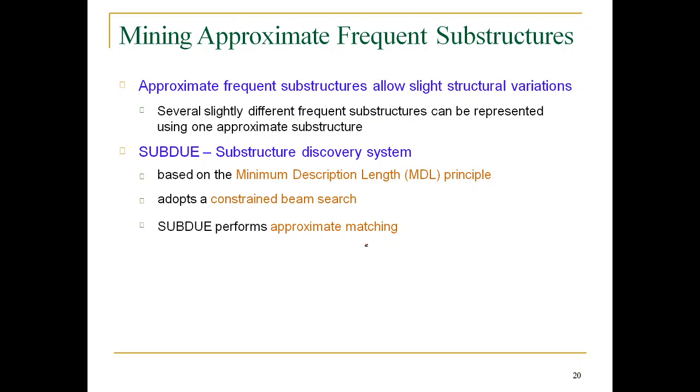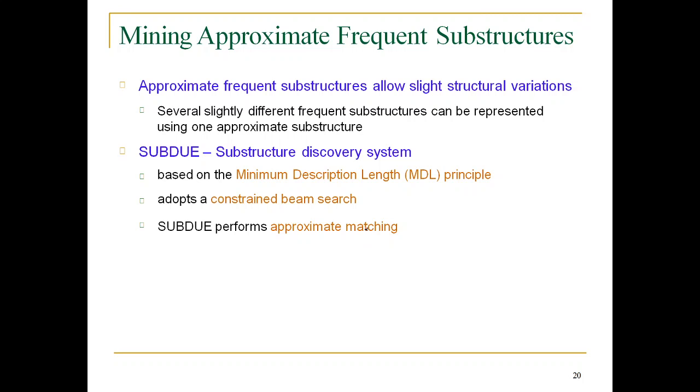Then mining approximate frequent substructures. In approximate frequent structures, slightly different frequent substructures can be represented. So we use a method called SUBDUE. In SUBDUE, it mines the frequent substructures.